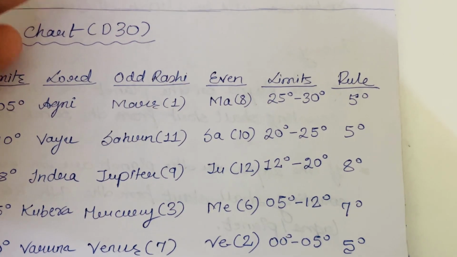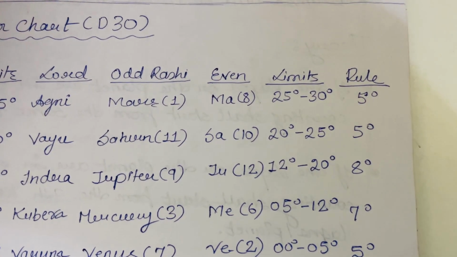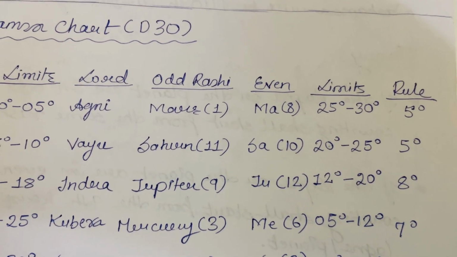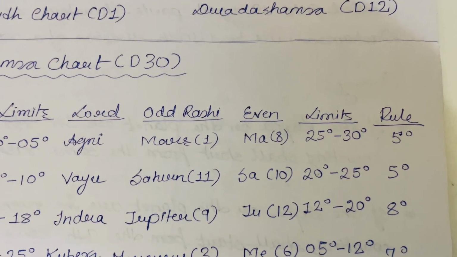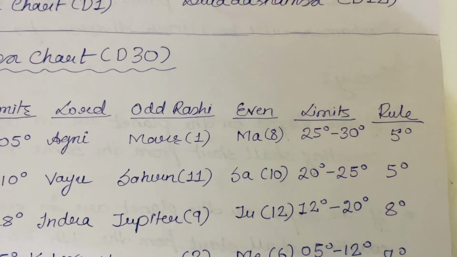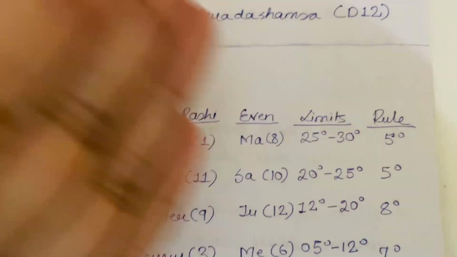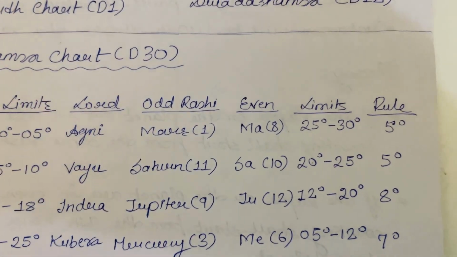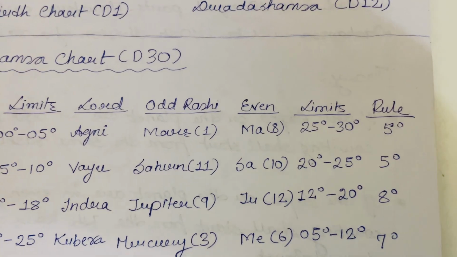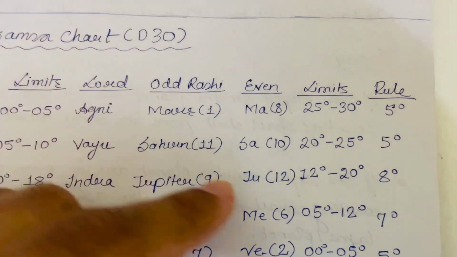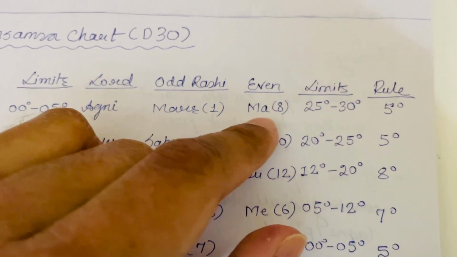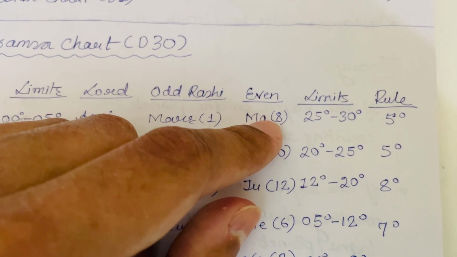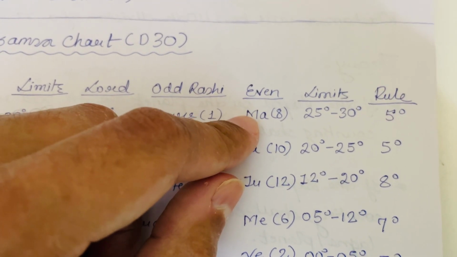And if it is from 25 degrees to 30 degrees, for the even Rashi, the sign ruling or representing that limit, however you want to say or remember it, these signs are representing, ruling, indicating or signifying, whatever word you want to use. Feel completely free to use it that way. So the last, 25 degrees to 30 degrees, will be represented, signified, indicated, ruled by the sign Scorpio. The lordship is Mars. All right.